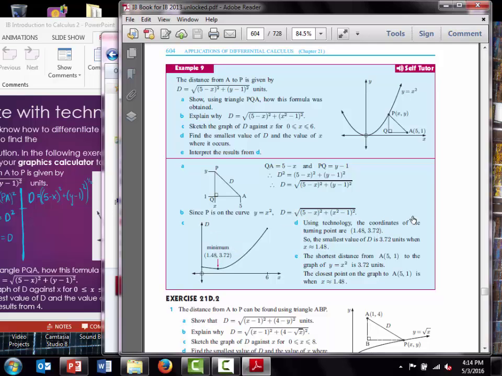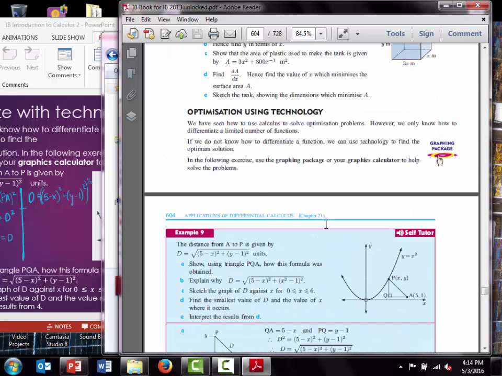Using technology, the coordinates of the turning point are... Okay. What does it say to do?